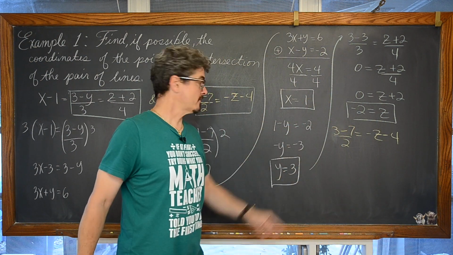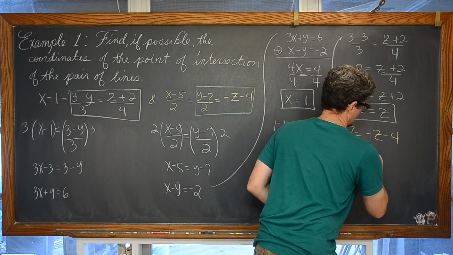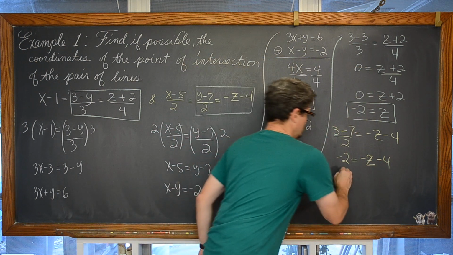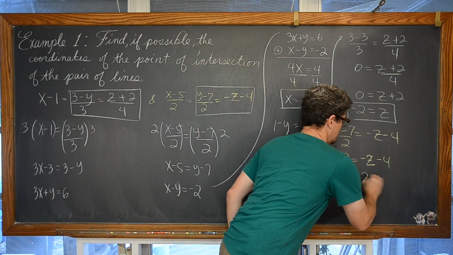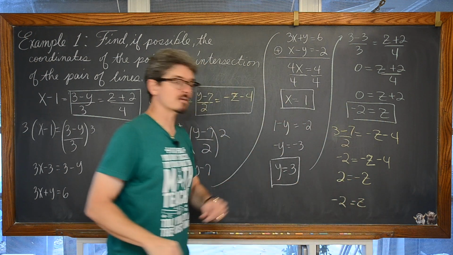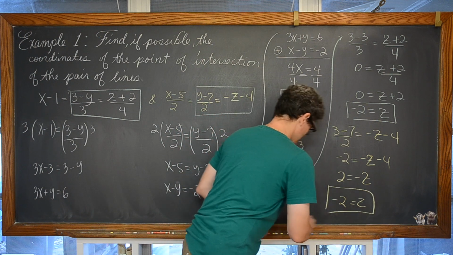That's going to be negative 4 divided by 2, which is negative 2. Add 4 to both sides, we get 2 is equal to negative z, and we see that z is again equal to negative 2, just like it was here. And it also worked out in the first way that we worked out our problem.